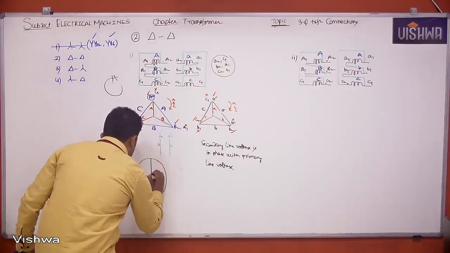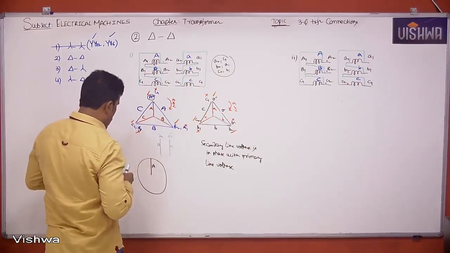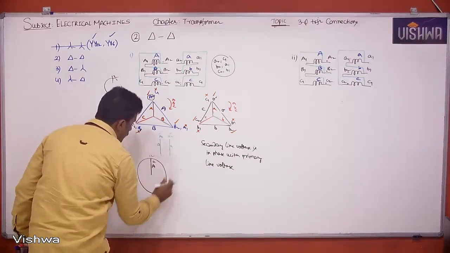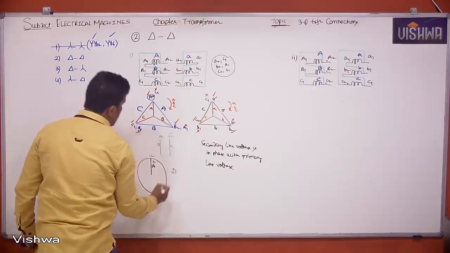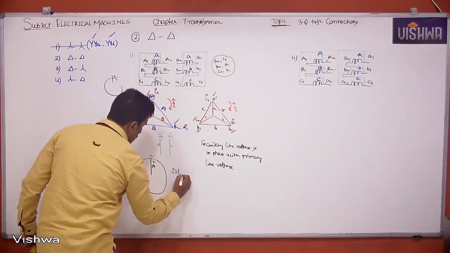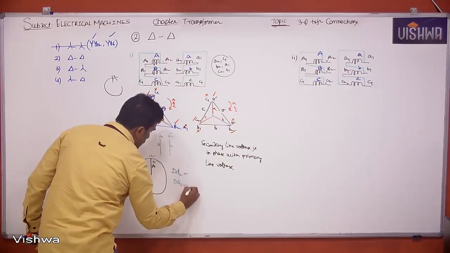Capital A represents the minute needle and small a represents the hour needle. So this is DD, capital D primary delta, secondary also delta, small d: DD 12 o'clock, or I can say DD 0 o'clock is the answer for this question.